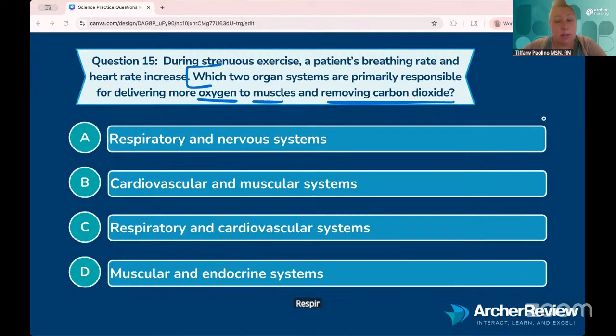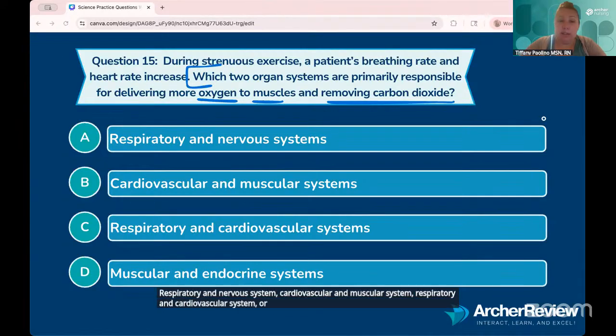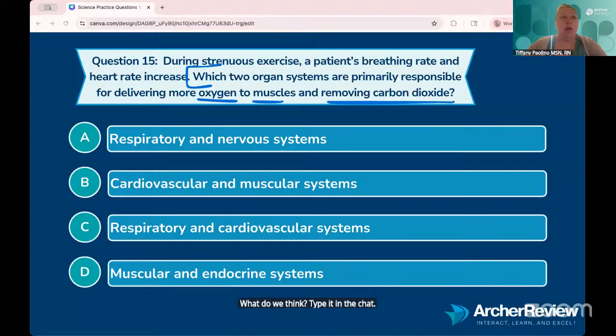Respiratory and nervous system, cardiovascular and muscular system, respiratory and cardiovascular system, or muscular and endocrine system? What do we think? Type it in the chat. What do you think?